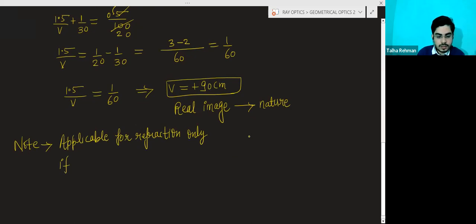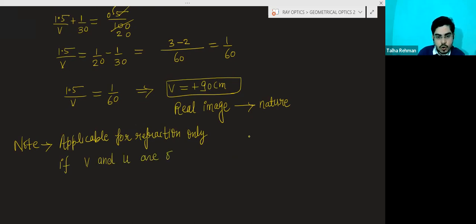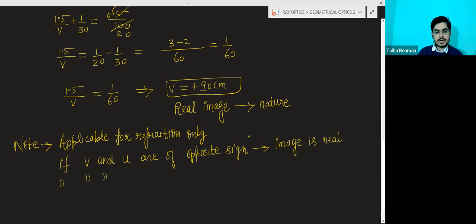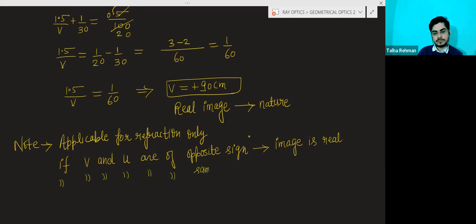If V and U are of opposite sign, then in that case the image formed will be real. If V and U are of the same sign, in that case the image is virtual.